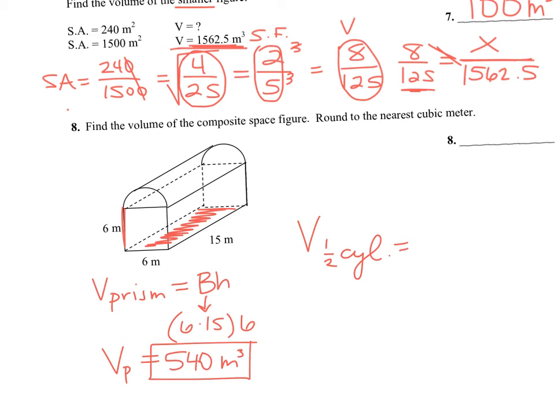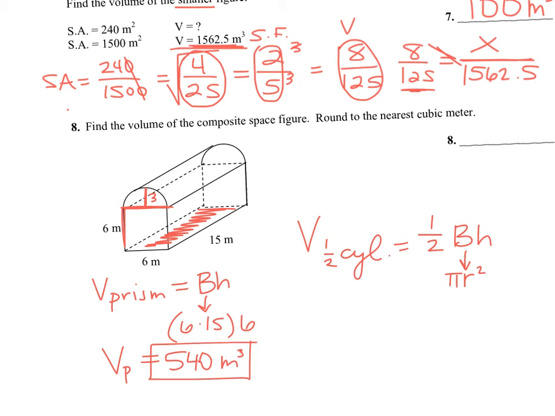So if we're doing half a cylinder, we're going to do 1/2 BH, okay? What is B right now as a formula? Pi r squared, right? So this is pi r squared. What is r? 3. If this is 6, then our radius is half of that, making it 3.